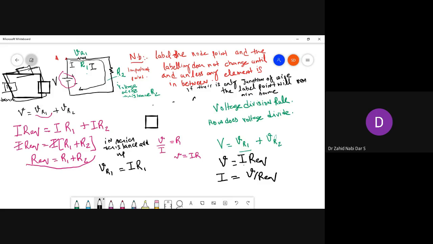If this is my equation 1 and this is my equation 2, I substitute 2 in 1. So I can write my VR1 is equal to, instead of I, V by R equivalent into R1.